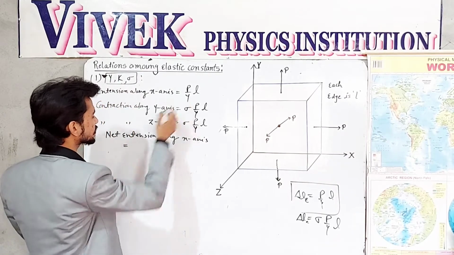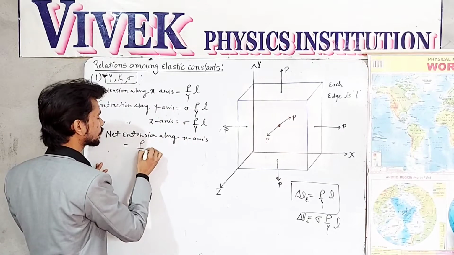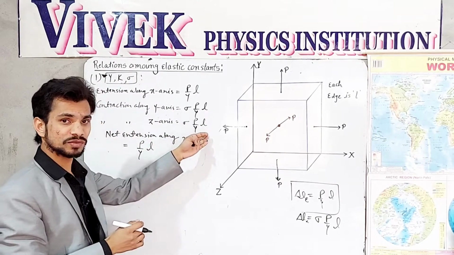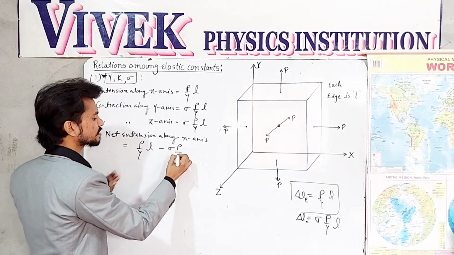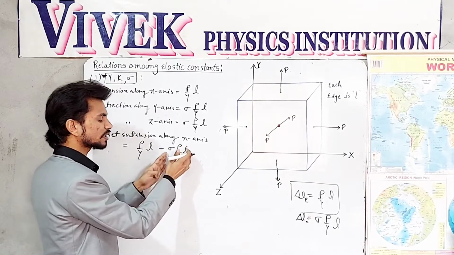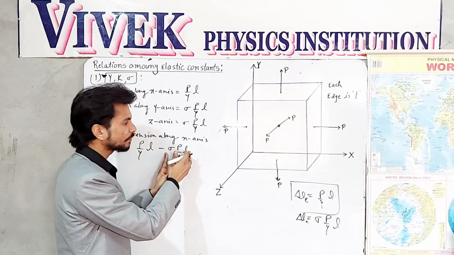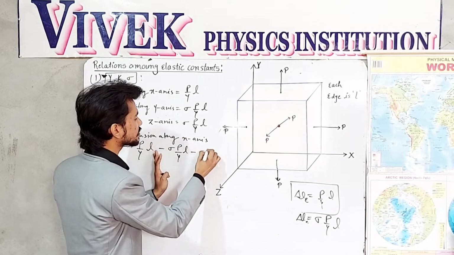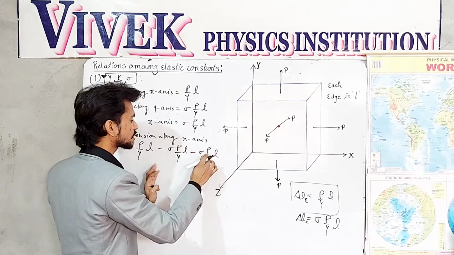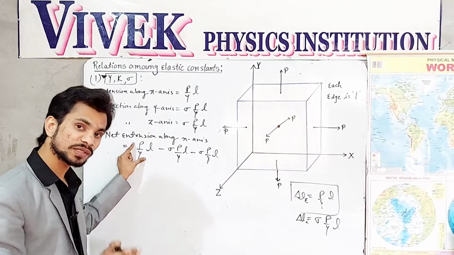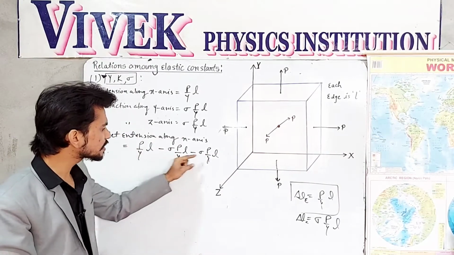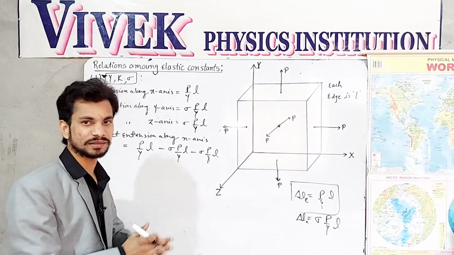The total extension is P over Y times L. These are the contractions, so I will take them as negative: minus sigma P over Y, minus sigma P over Y. This is because this is a decrease in the length, as well as this also is a decrease in the length. So this is the net extension along the x-axis. This is positive because it is extension. These are negative because these are contractions in the edges.